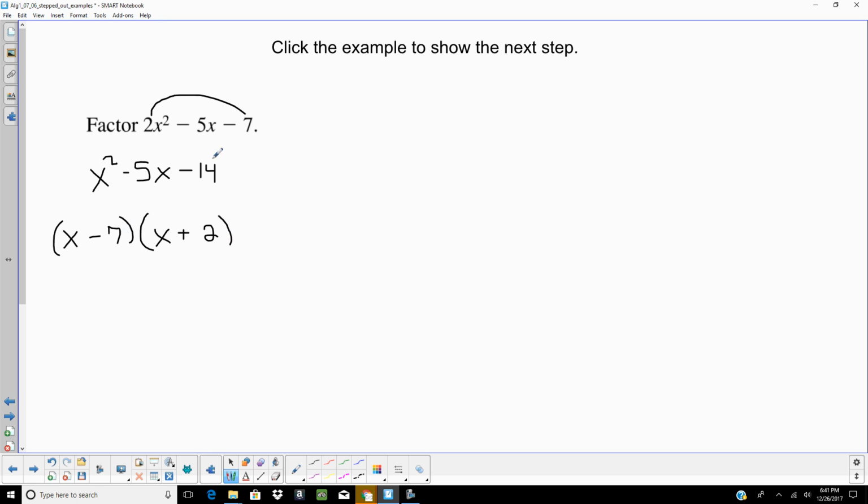They multiply to negative 14, add to negative 5. In order to be a good person who factors, you really need to know your multiplication facts and your positive and negative integers. All right, well, I started by multiplying by 2. Now I need to divide by 2.